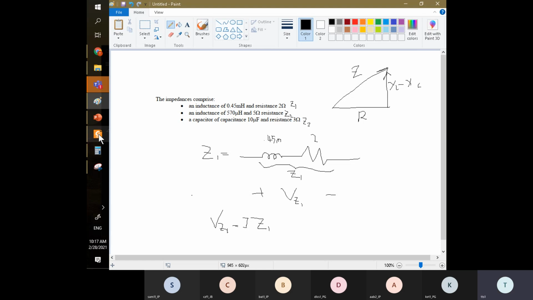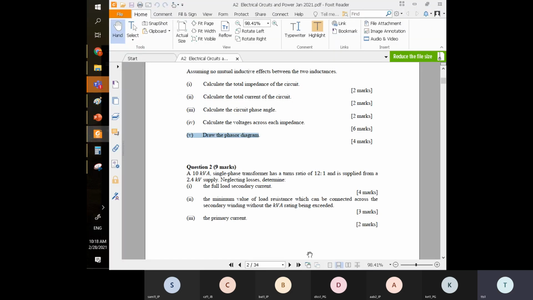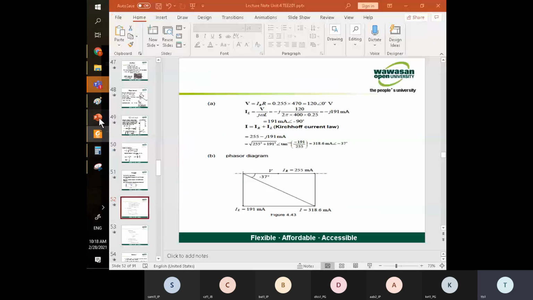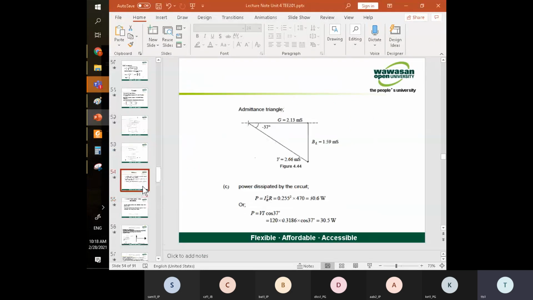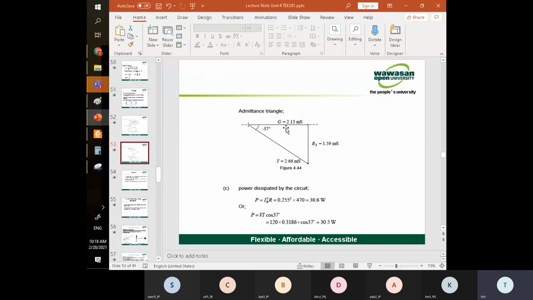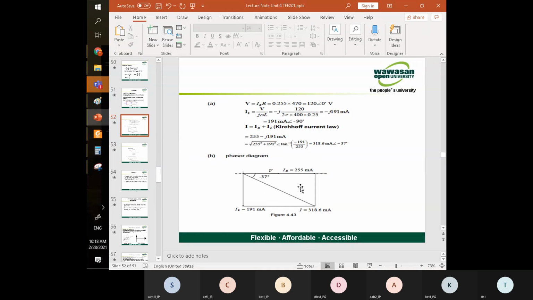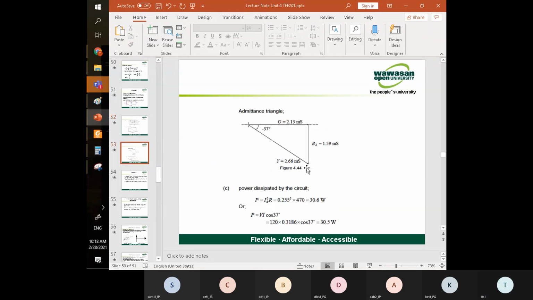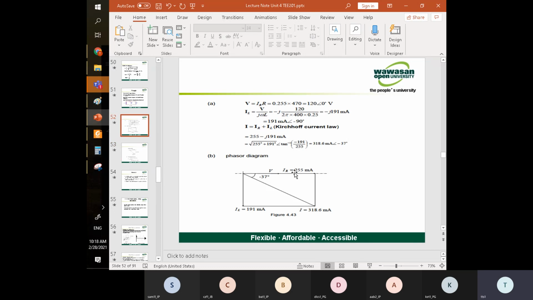For the number 4, let's focus on question number 2 now. Okay, so I jump to this, which works using the reciprocal value, 1 over. Just now the IR is this value, right?